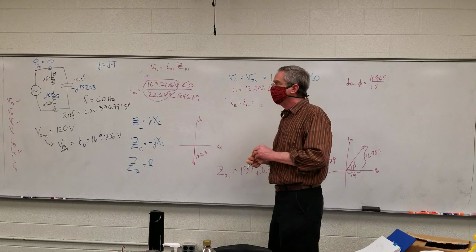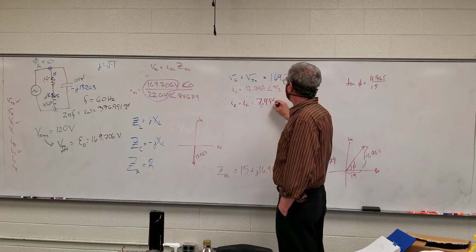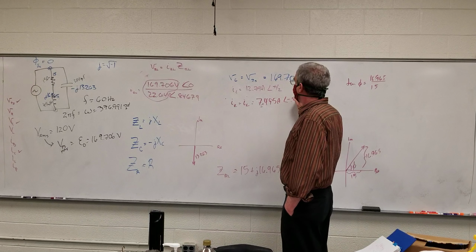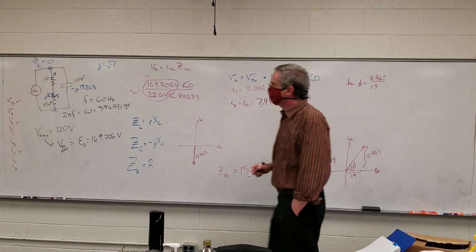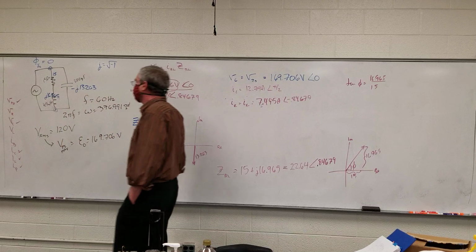And what do we get? 7.495 amperes at an angle of negative 0.84679. Yep. So at this point, we now have those two currents under our belts.